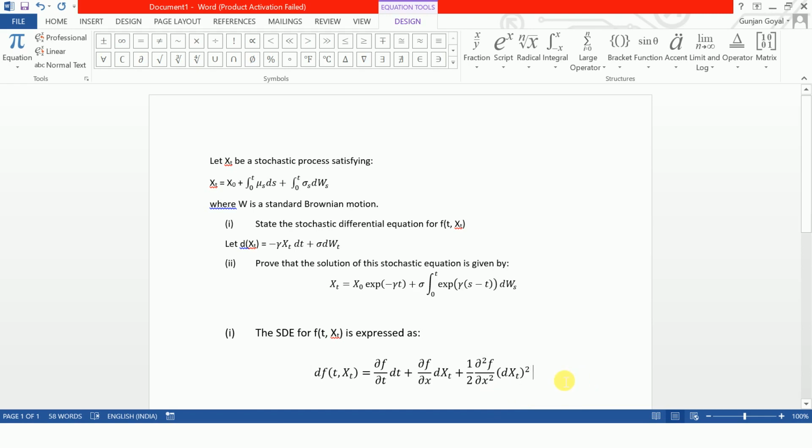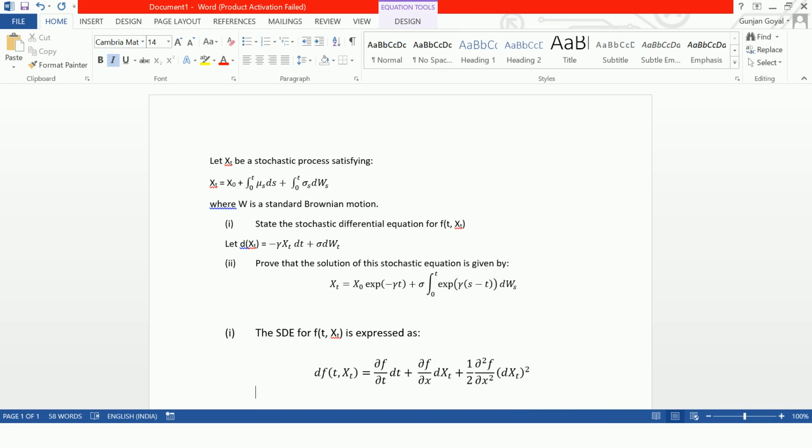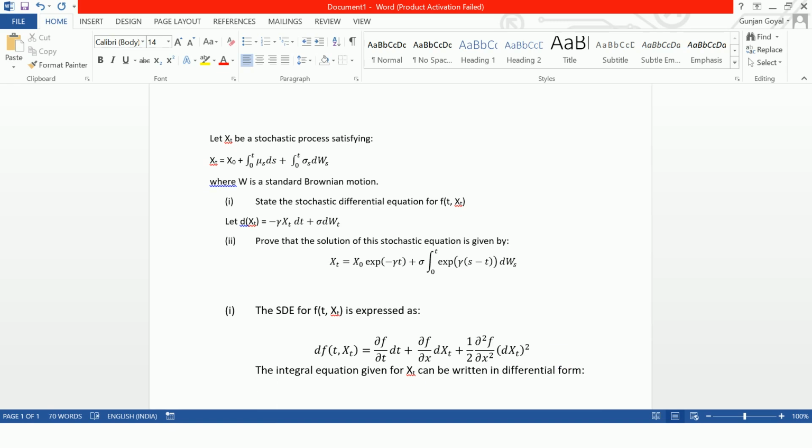Now what we need to do is convert our equation according to the given equation. Instead of writing an equation, we need to come back to normal. The integral equation given for X_t, the way we solve in our copies, can be written in differential form. So the equation which has been given above, we can write in differential form, and this is nothing but dX_t.